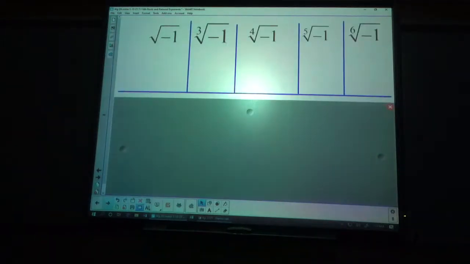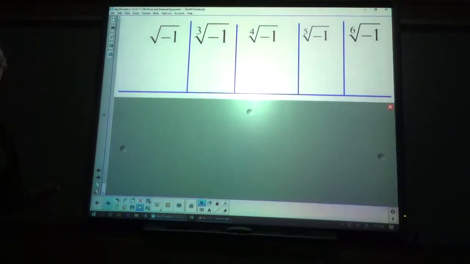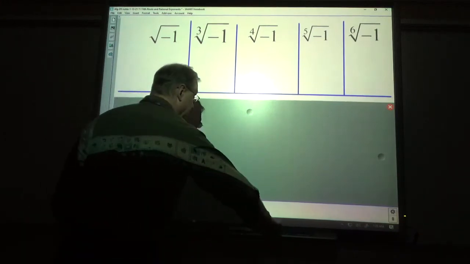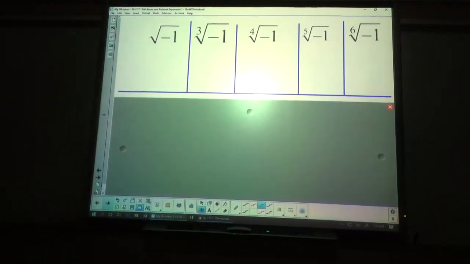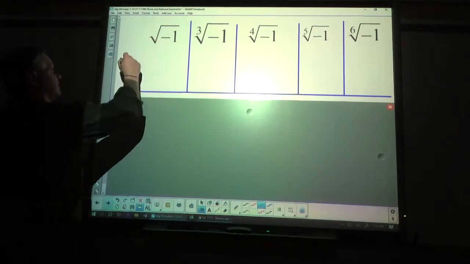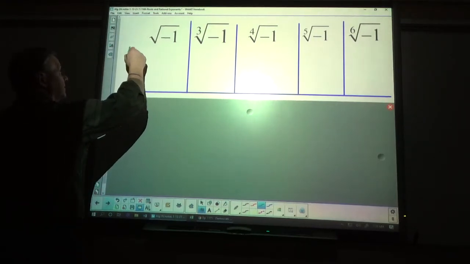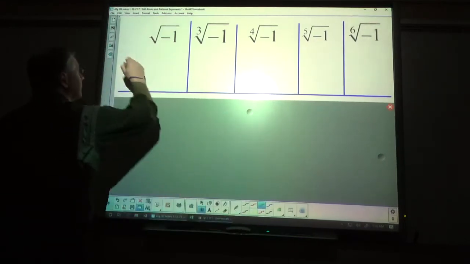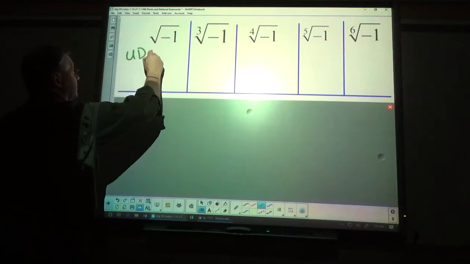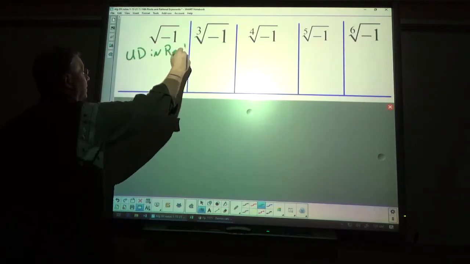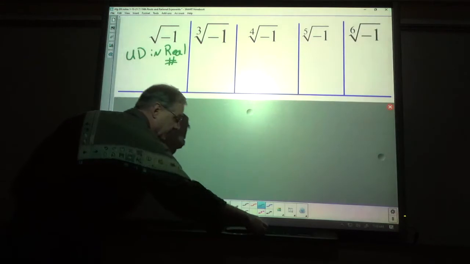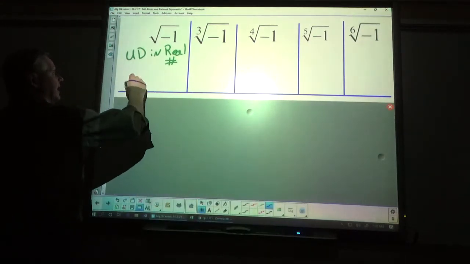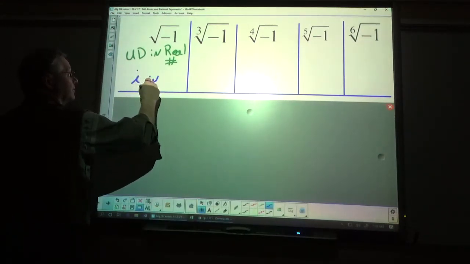All right, let's take a look at negative numbers in radicals. We know that in the real number system this is undefined. In real numbers, and it is i in complex.